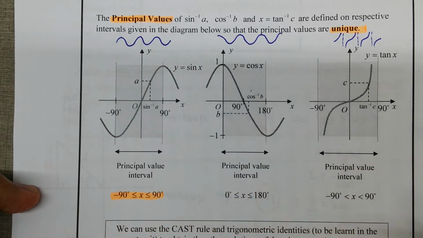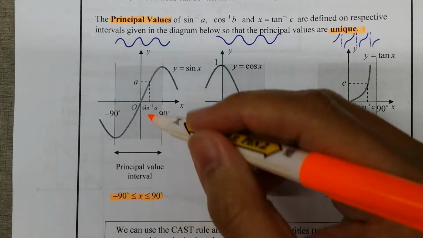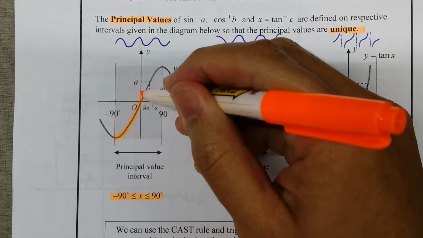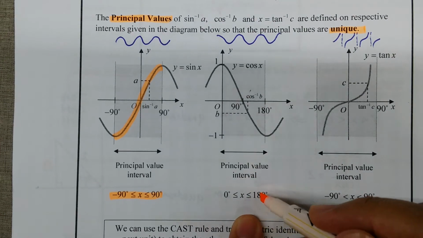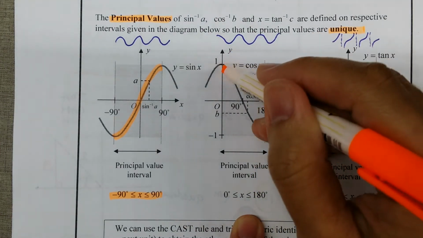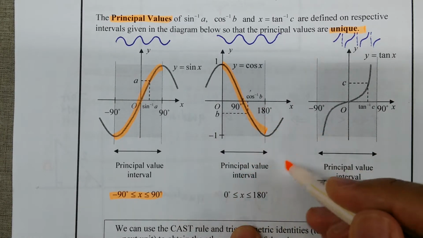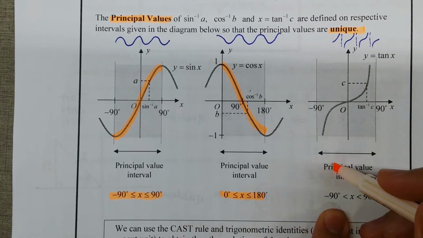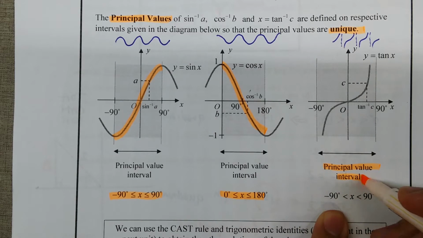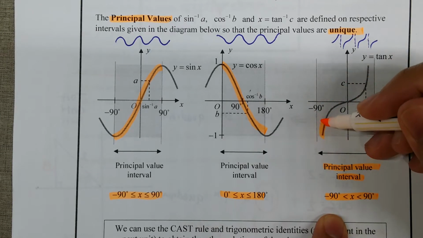Negative 90 to 90 for the sine graph, which is this portion over here. The principal value interval for the cosine graph will be this. And the principal value interval for the tangent graph will be this.